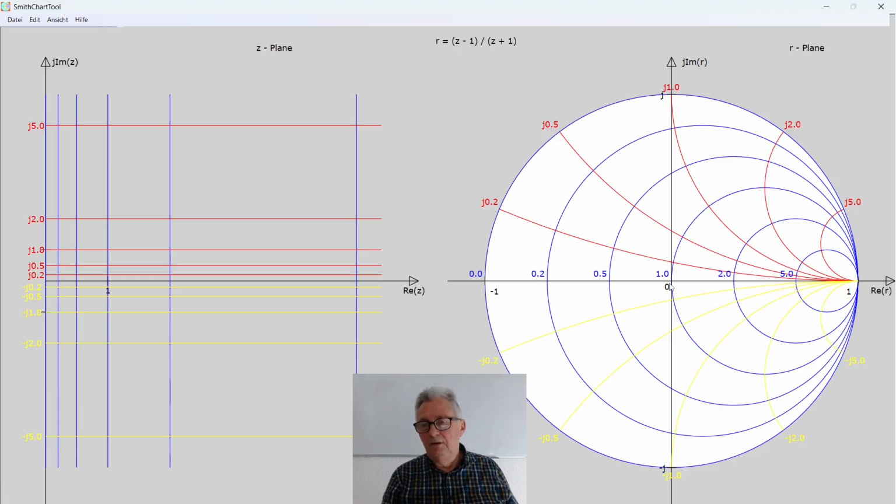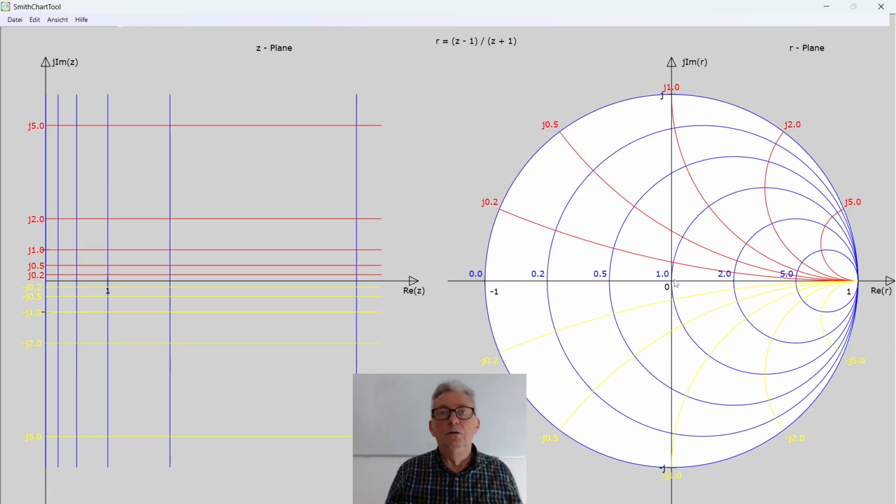This number here, you see, if I have an impedance with a real part of 1, then its reflection coefficient is just 0. But in the real Smith chart you will only see this 1. You must remember that in this case we have a 0 reflection coefficient.